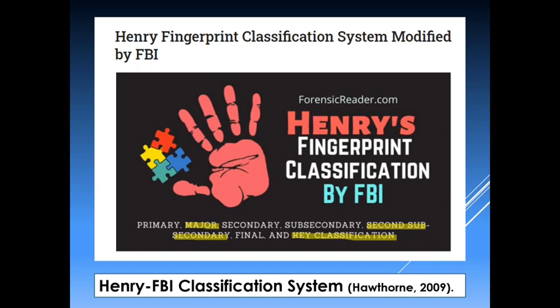Now, take note that the second sub-secondary division, or second sub-secondary classification, is an additional classification that is rarely used for classifying the fingerprint in Henry classification. That's why I will not be including this in our video series.